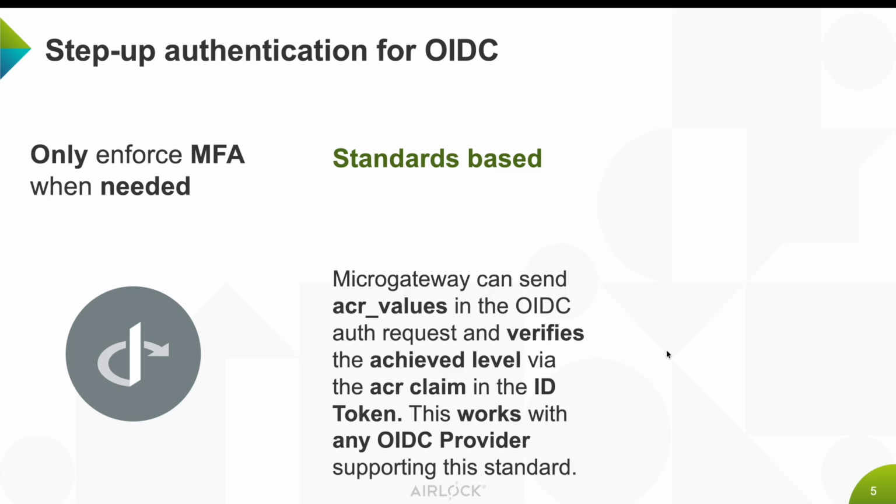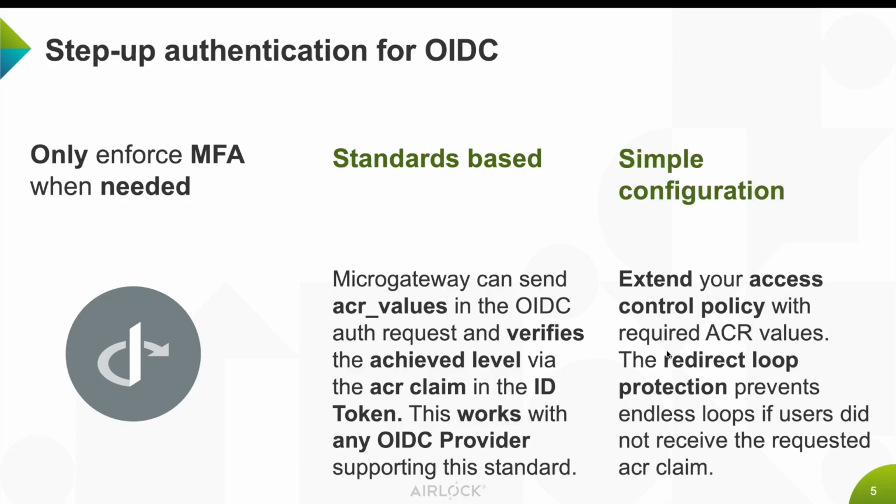So if a user is currently signed in with a low assurance, Microgateway can trigger a step-up at the OIDC provider, typically meaning an extra factor or stronger method before allowing access. We kept the configuration simple.